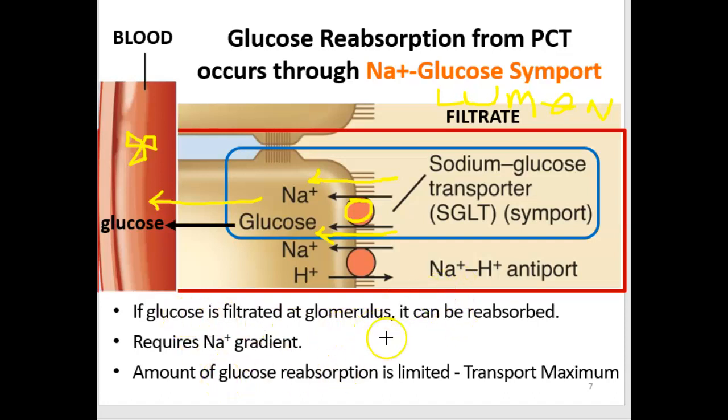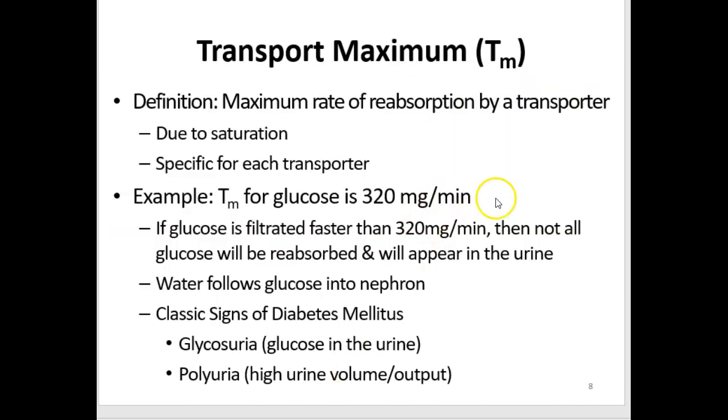Now, if glucose has been filtered at the glomerulus, it's nice that it can be reabsorbed, but it is limited how much can be reabsorbed. That's called a transport maximum. So we need to talk about that next because it's related to diabetes, and you'll be interested in that part.